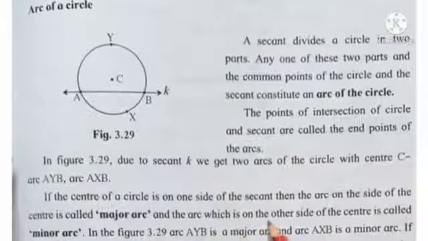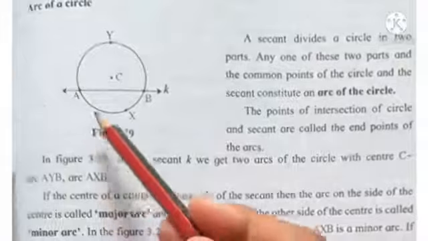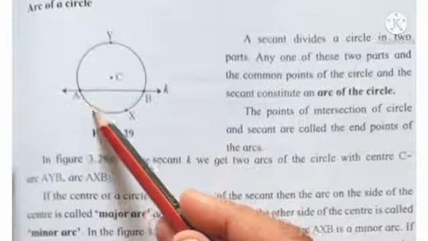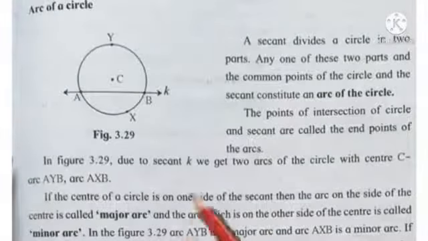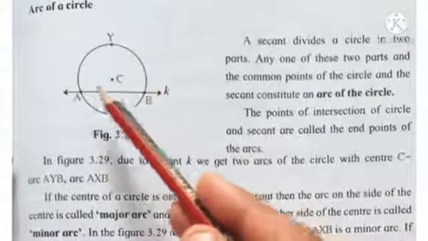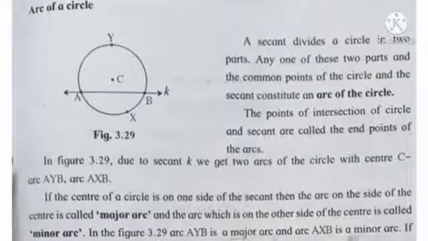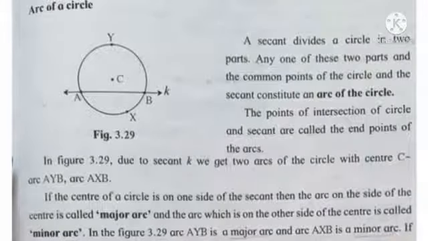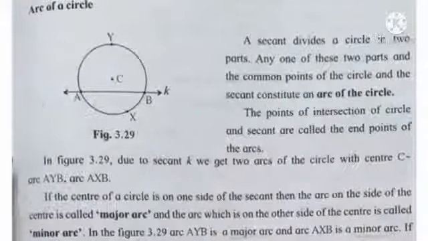And the arc on the other side of the center is called a minor arc. Here in the figure AXB is the minor arc. So AYB is the major arc and AXB is the minor arc. You remember these. So these are the arcs of a circle.